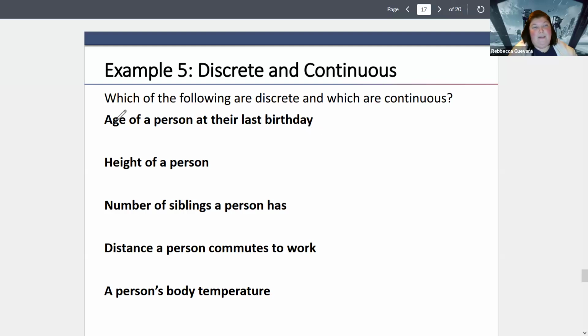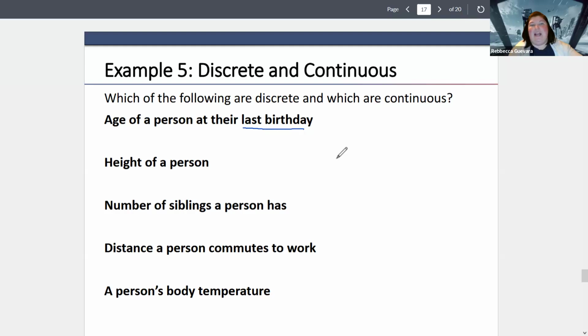Okay. So if you talk about the age of a person at their last birthday, like they're 27 when they hit that birthday, so their 27th birthday, right? You don't have a 27.5th birthday or 27.52 birthday, something like that. It is just 27. And then your next birthday is 28. You don't have birthdays in between.